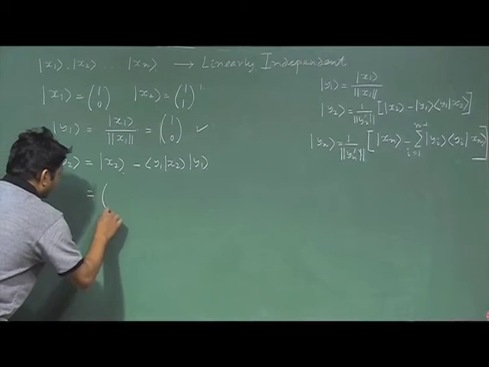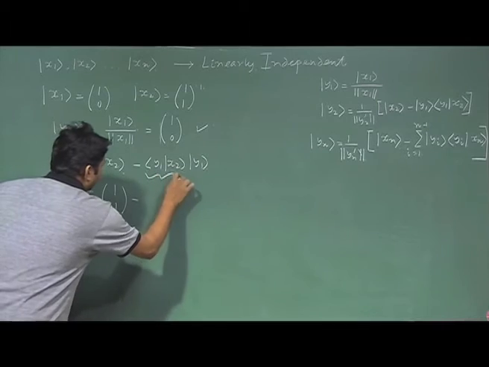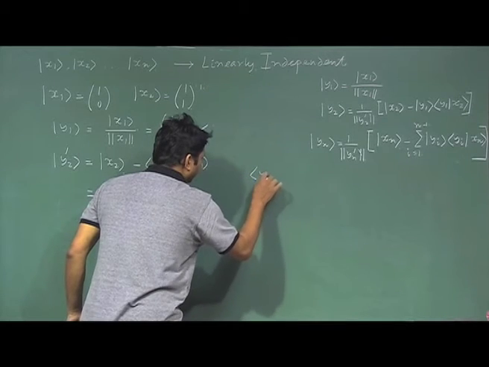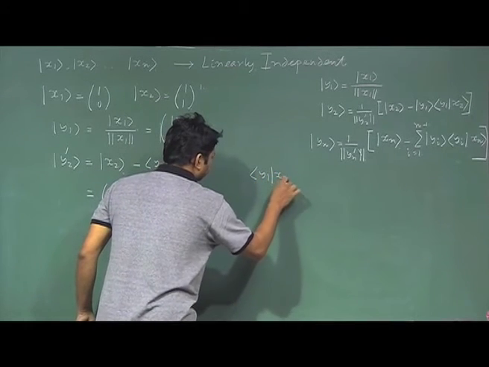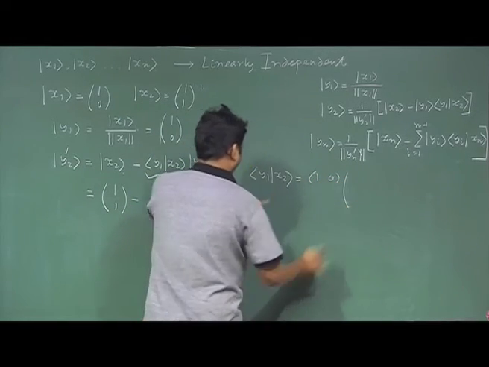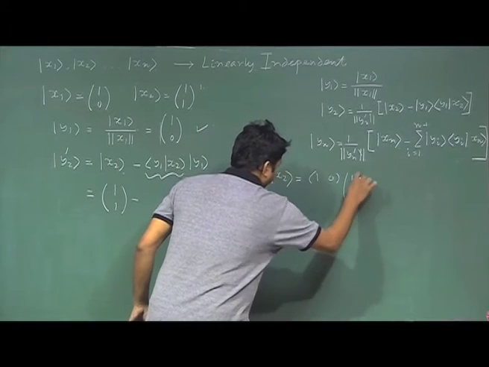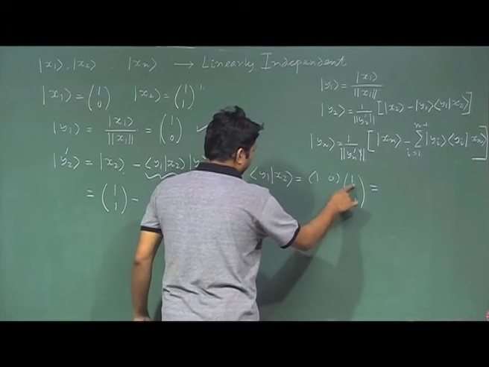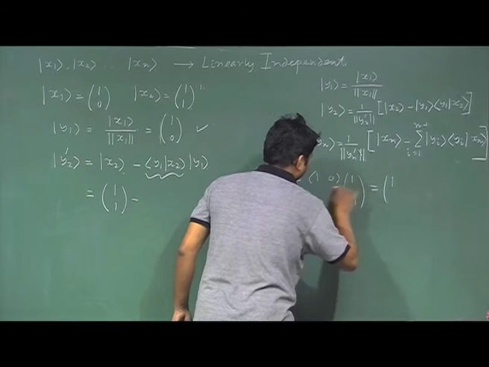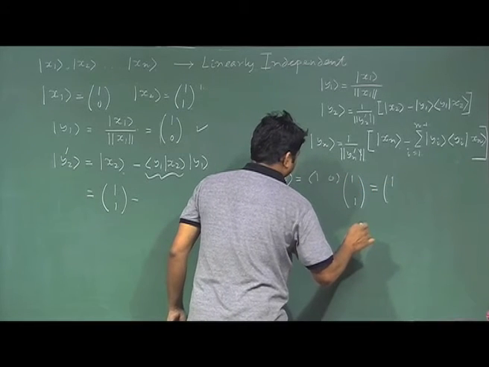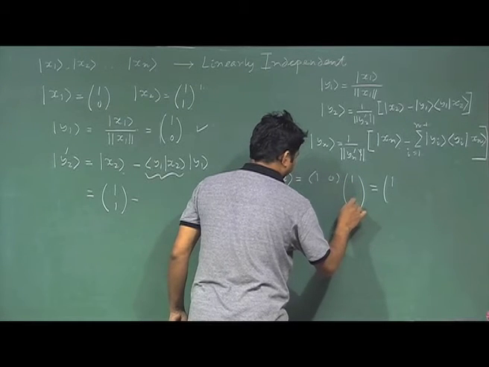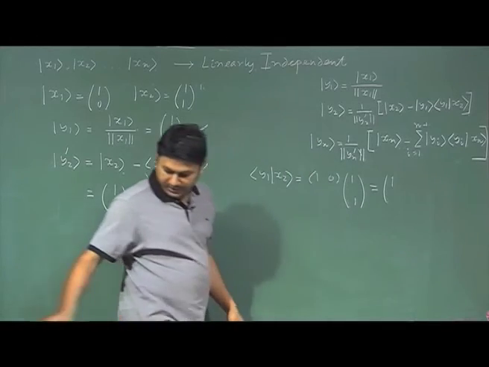This quantity is the inner product of y1 and x2, with x2 being (1, 1). This gives me simply 1, a scalar quantity.